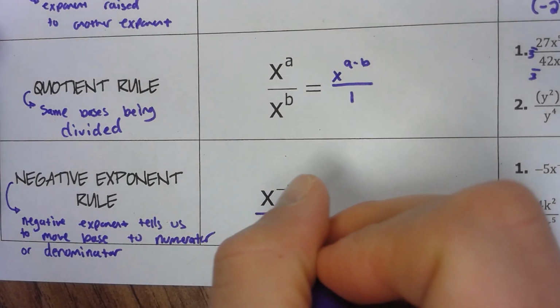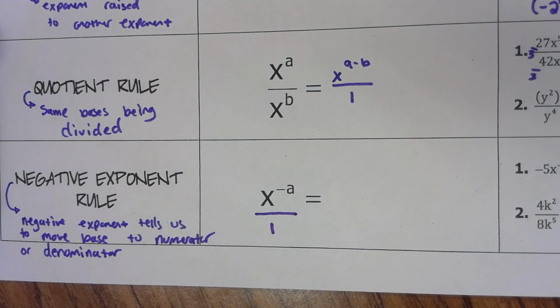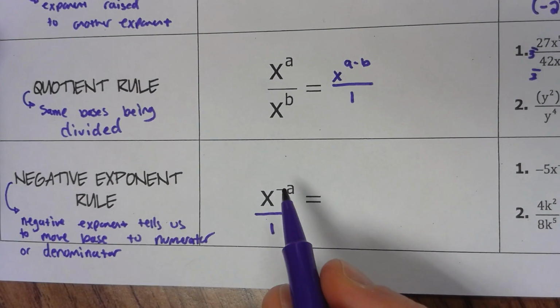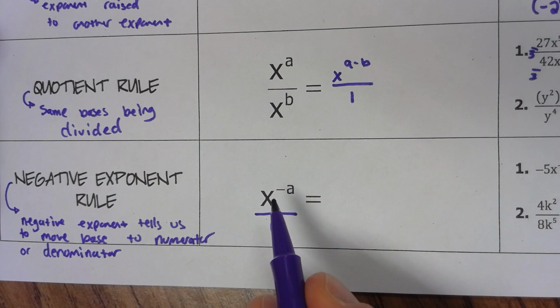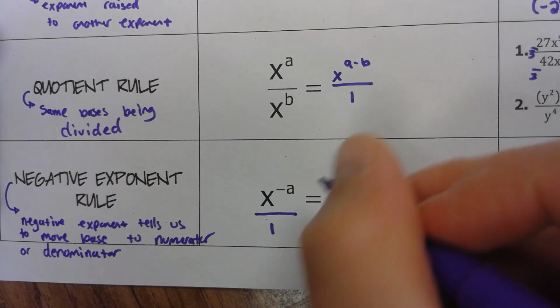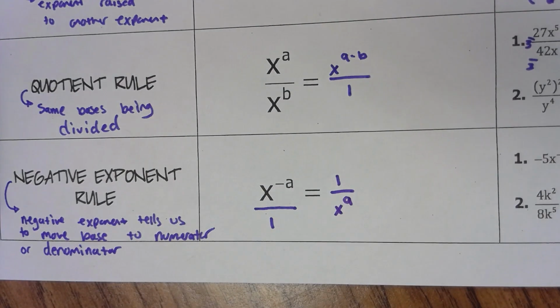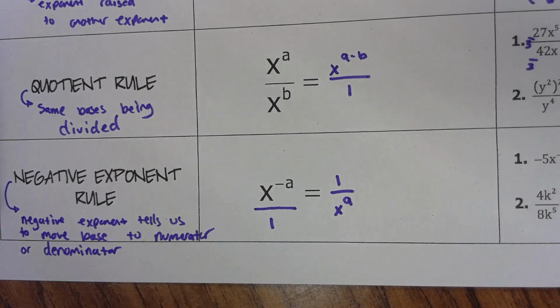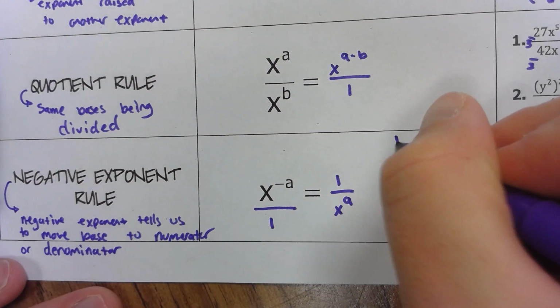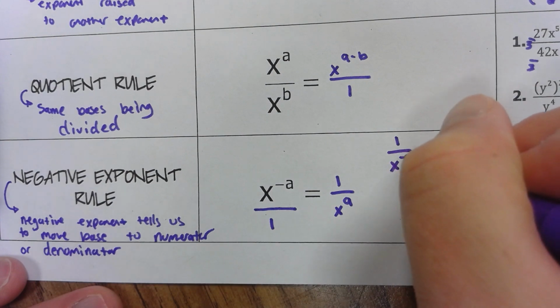So think about this as x to the negative a over 1. This negative exponent says, hey, this base needs to move. It's going to move to the denominator, and that's when I can make the exponent positive. So once we move it, the exponent now becomes positive. And the opposite of this is if I have 1 over x to the negative a.